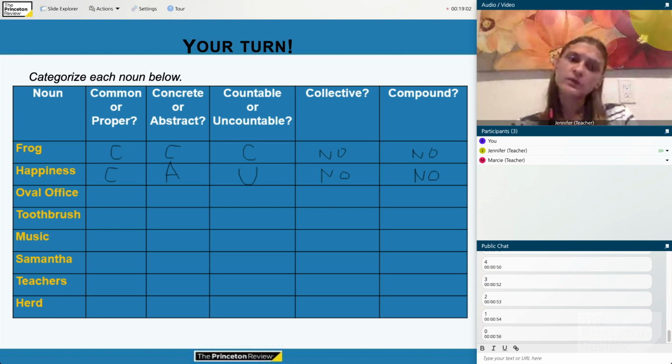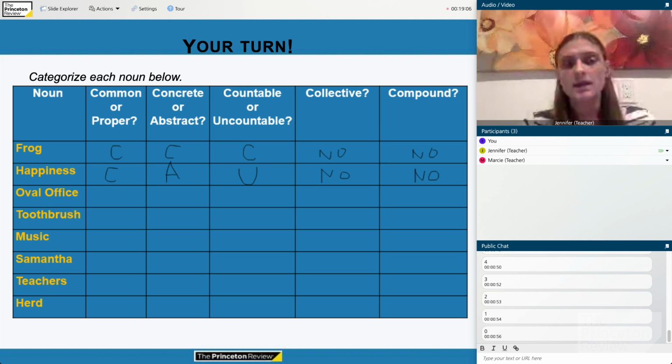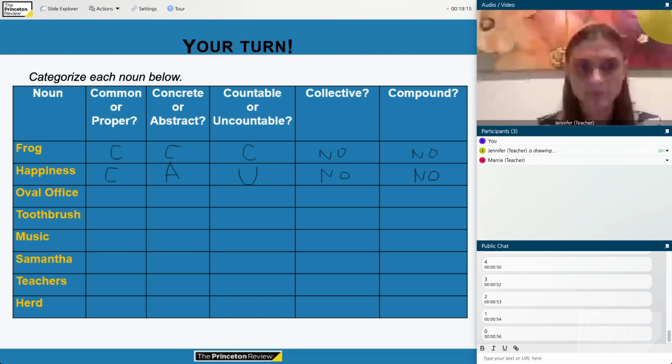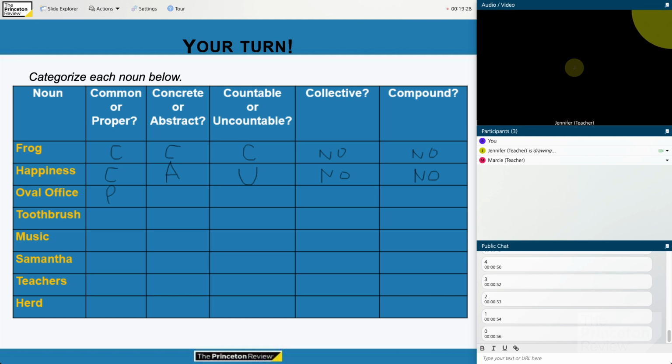Okay, if you look at something like Oval Office, now we have something that's specific. It's not office, it's the Oval Office. So this is going to be proper, and you would want to capitalize each of the words, oval and office. Is it concrete or abstract? Well, it's concrete. You can be there, you can physically touch it.